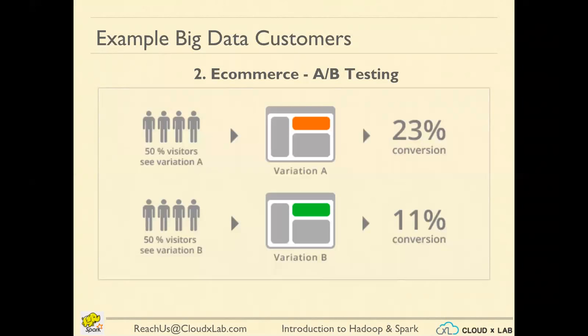Yes, Raju. All right. Why do you think it's B? A is giving us 23% conversion.